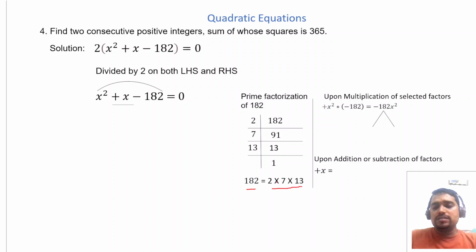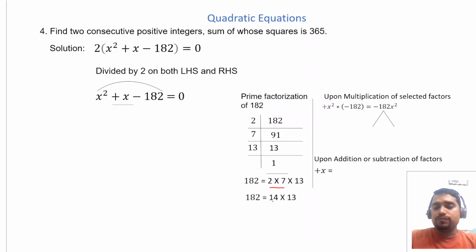Now we have to rearrange these prime factors in such a way that the factors selected for this particular quadratic equation satisfy both the conditions. Since we want plus x upon addition or subtraction, let's take the factors as 14 and 13. 14 I got by multiplying 2 and 7, and 13 as it is.